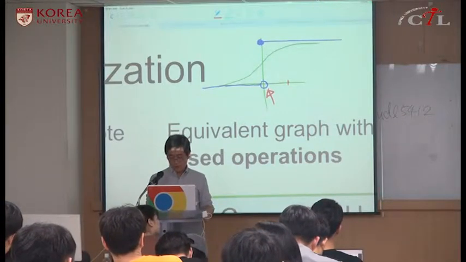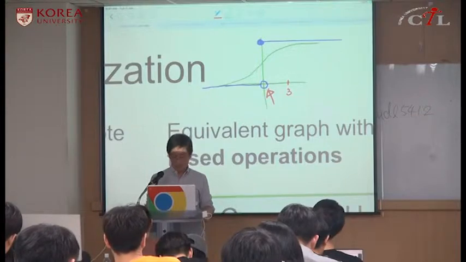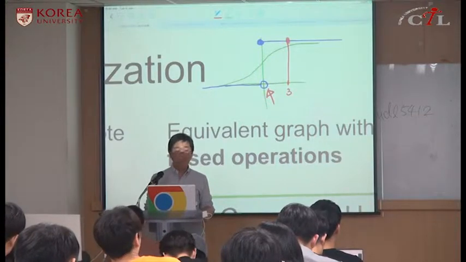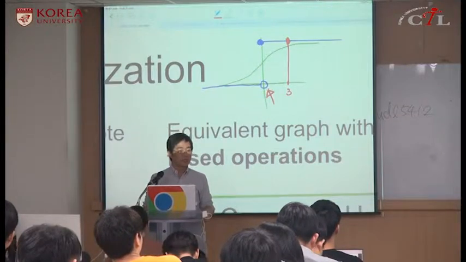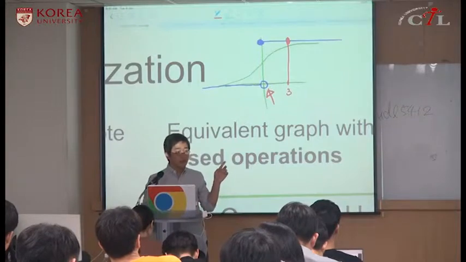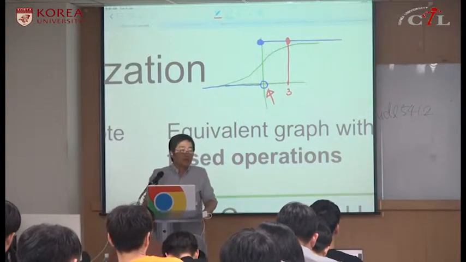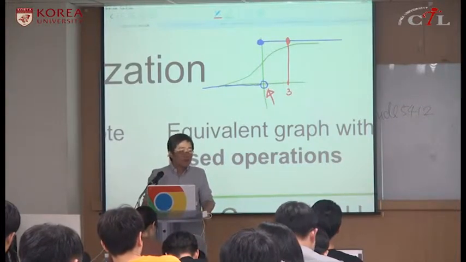Suppose we are given the input as 3. What is the gradient at this point? The gradient is exactly 0, right? So it is differentiable, but it actually prevents our networks from being trained.